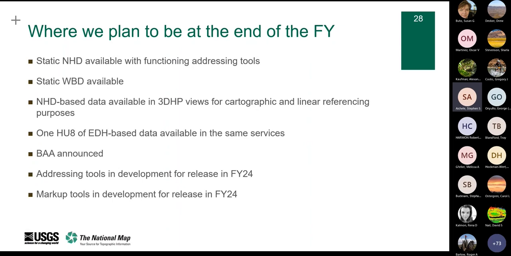There are still a few administrative hurdles to clear on that, but we're cautiously optimistic we'll get there. And then we're planning to have new addressing tools up for 3DHP in FY24 and markup tools available in FY24.